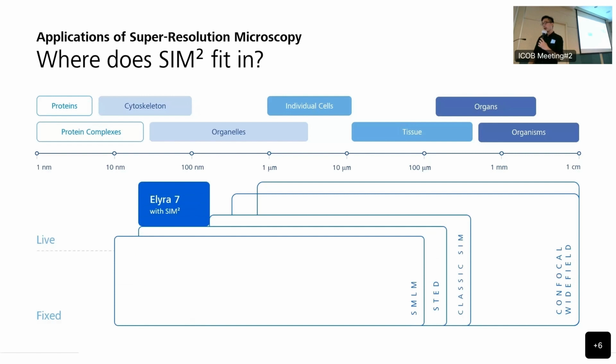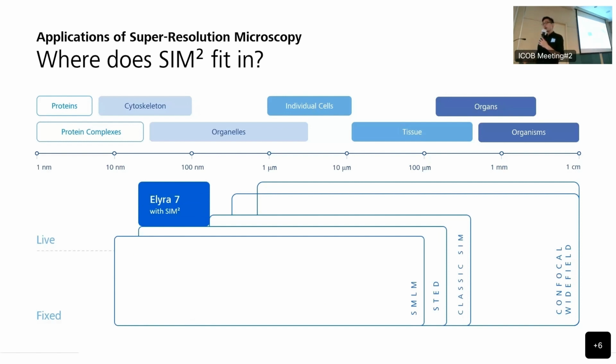We have ELYRA 7. ELYRA 7 systems can actually cover tissue-type samples and also live cell imaging, with higher resolution, and can document the subcellular structures. It also has much higher imaging speed, compared to single molecule techniques like PALM.